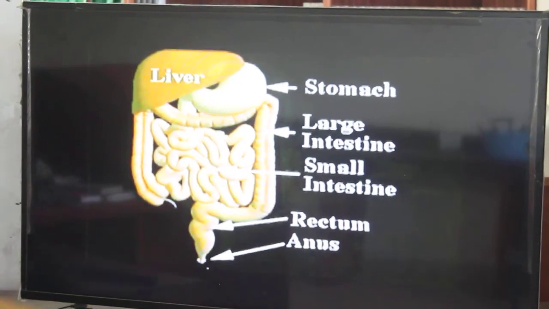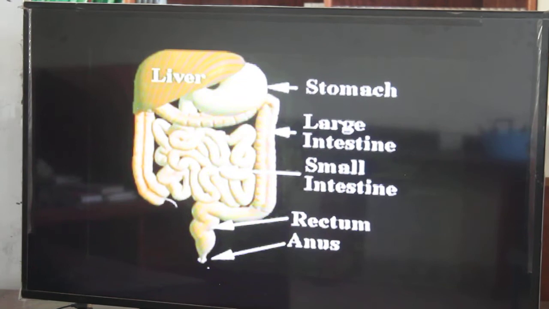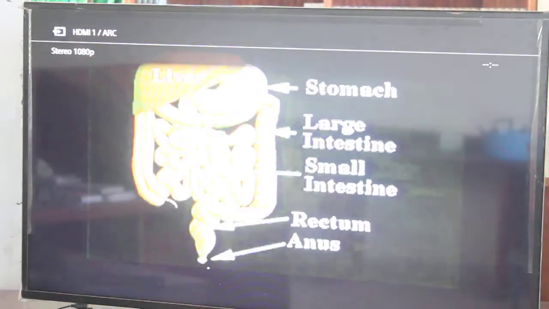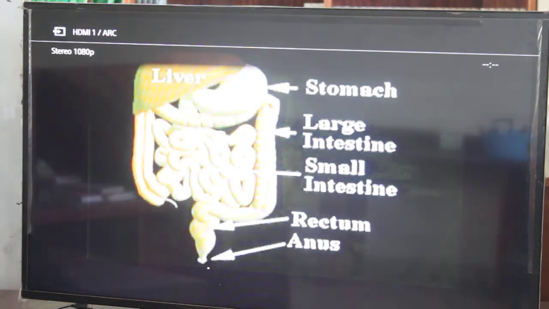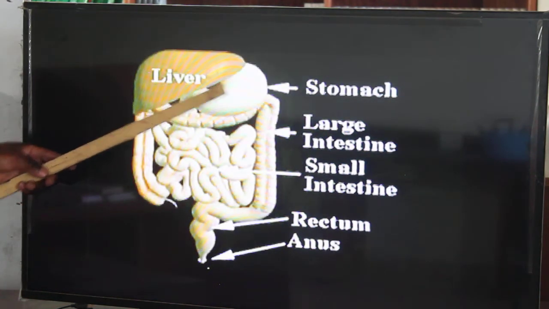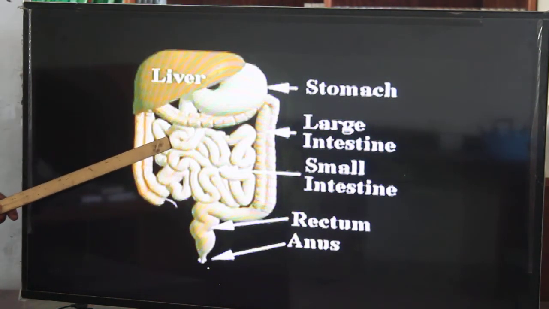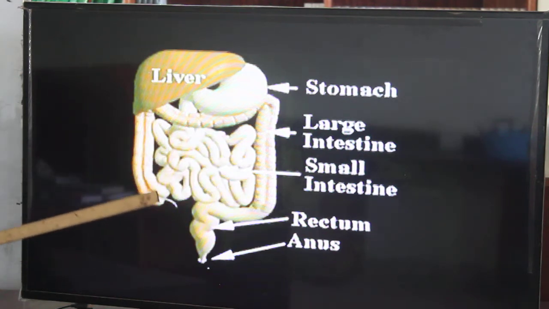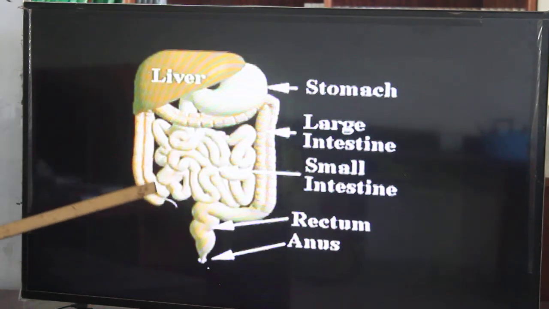And remember, digestion starts in the mouth. No absorption occurs in the mouth. When the food reaches down in the stomach, we have things like water, which are absorbed in the stomach, but the main absorption, the large percentage of absorption of food, occurs in the small intestine.